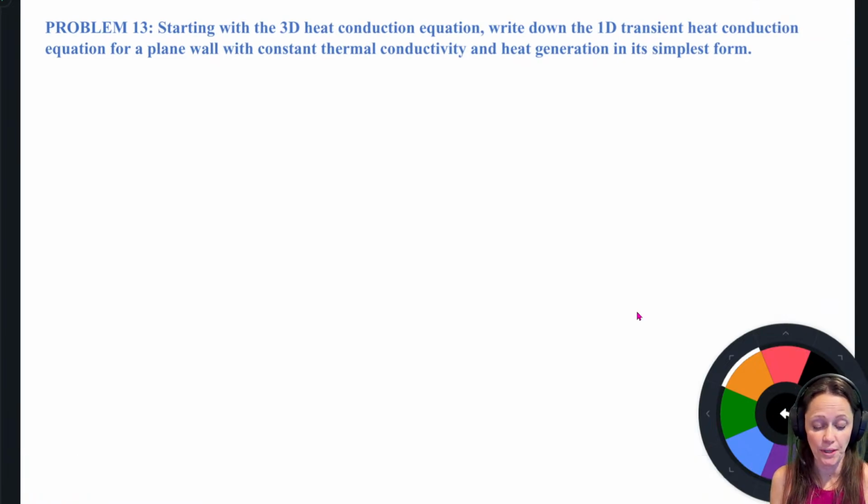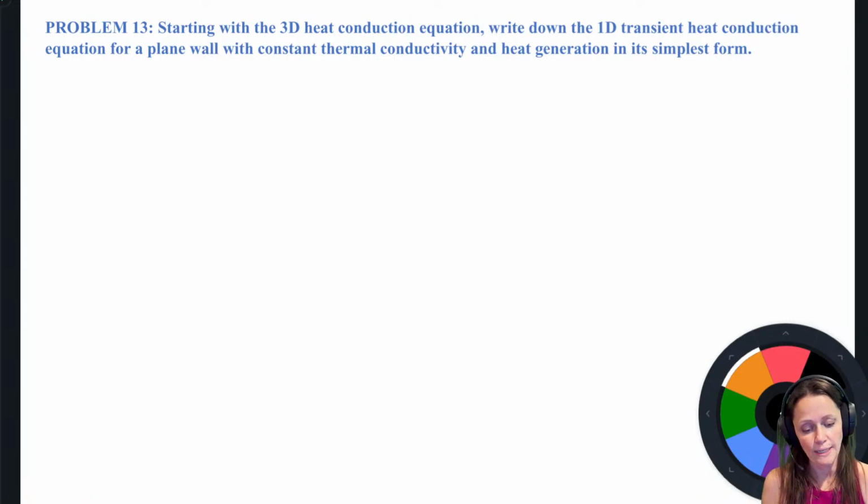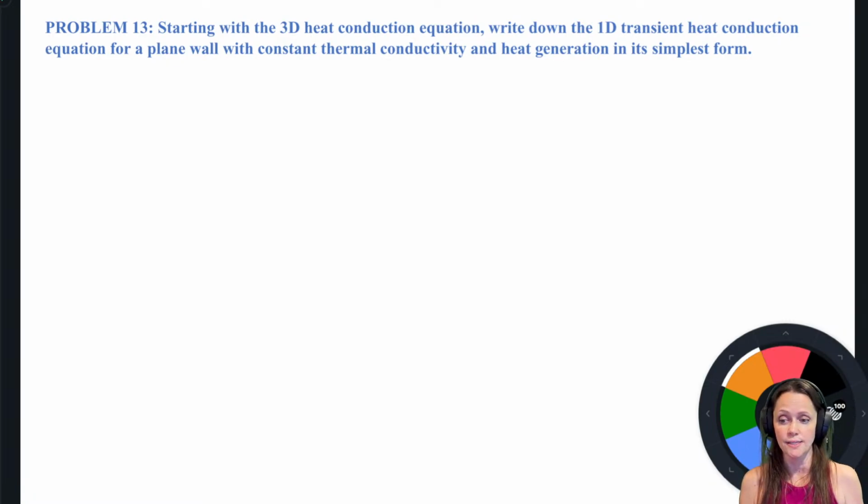It says, starting with the three-dimensional heat conduction equation, write down the 1D transient heat conduction equation for a plane wall with constant thermal conductivity and heat generation in its simplest form.